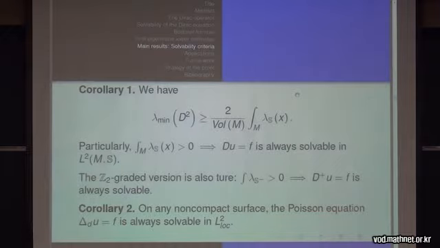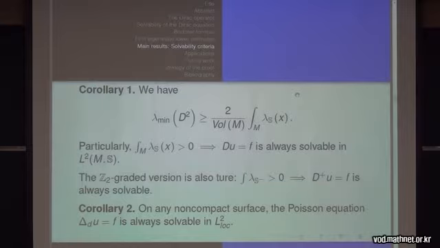So to compare with Bär's result, we know that our result implies the lower bound of the first eigenvalue of Dirac. So in particular, if this integral is positive, then the Dirac is always solvable in L2 space.